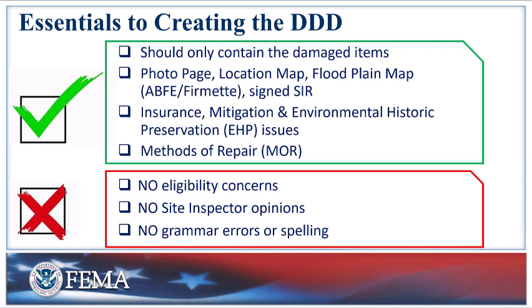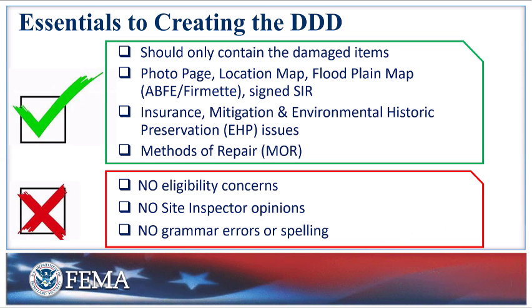As you can see on the screen, we have a green check and a red X. A green check means yes, and a red X means no. So the things that are essential for creating that DDD: it should only contain the damaged items. We should have our photo page, our location map, our floodplain map, our insurance, mitigation and EHP issues, and our methods of repair.